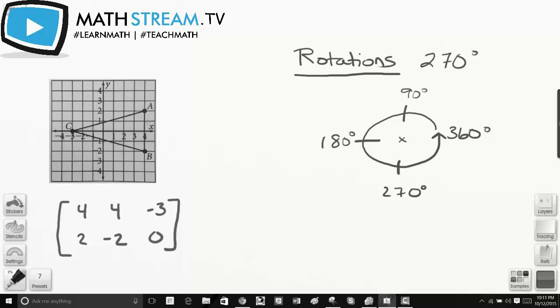So first, I want you to picture if I were to move this 90 degrees, this point, instead of being at 4, 2, would actually be up at 2, 4. It'd be over here, and then B would be over here. I'm going to draw it out. If I took this side right here and moved it 90 degrees, it would end up over here. If I moved it 180, it would end up over this way.